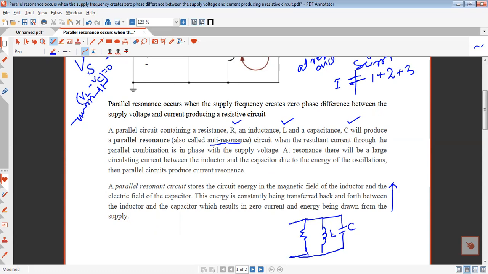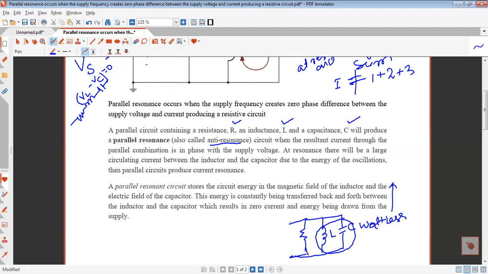Whatever energy is generated, it will be taken by the other element, so there will not be any excess energy or wattless current. The current will not be there, because the energy is being exchanged from here to here, so net energy will be zero.